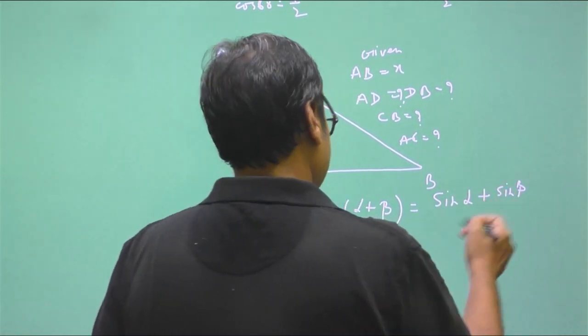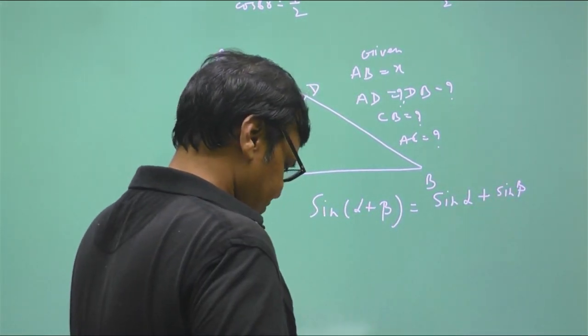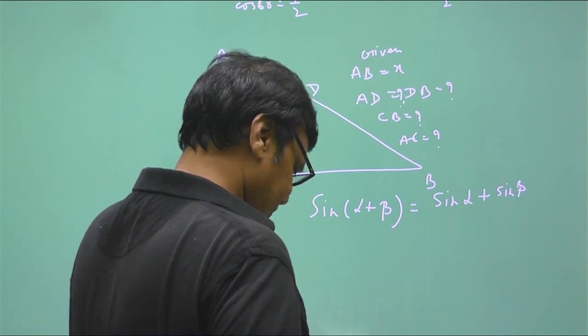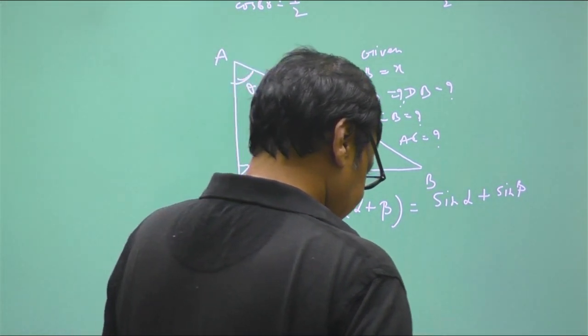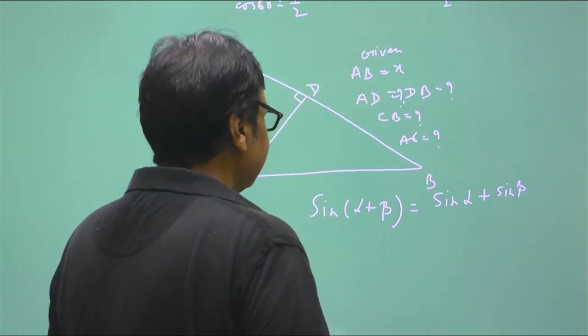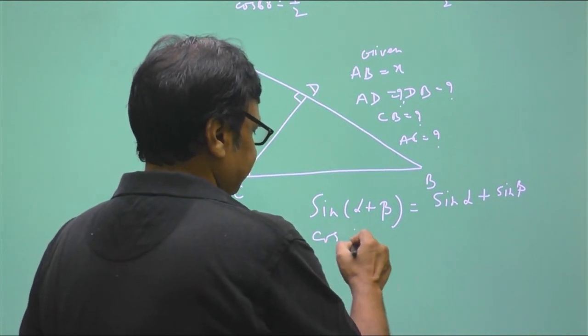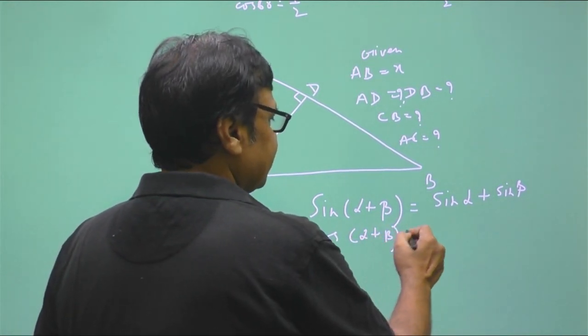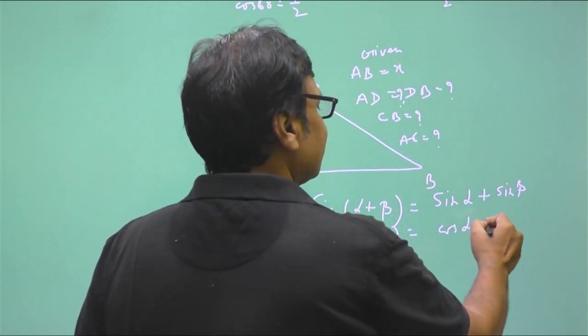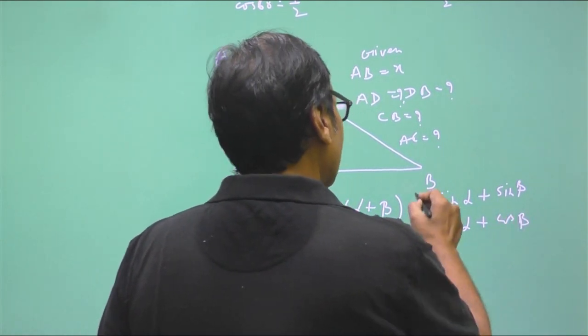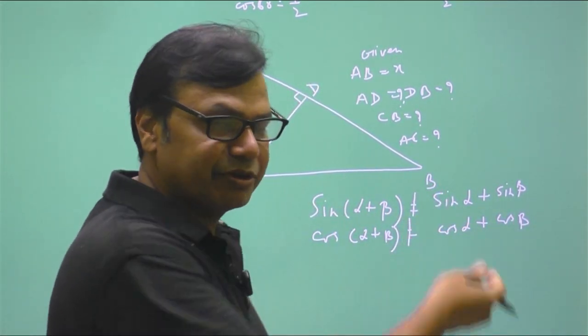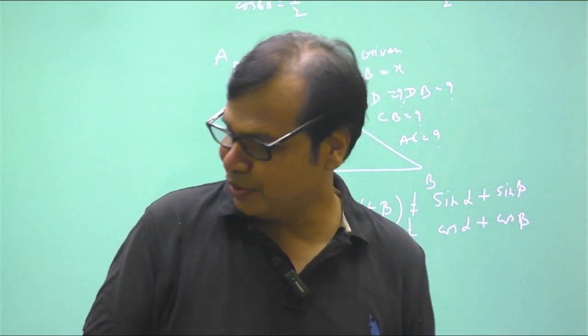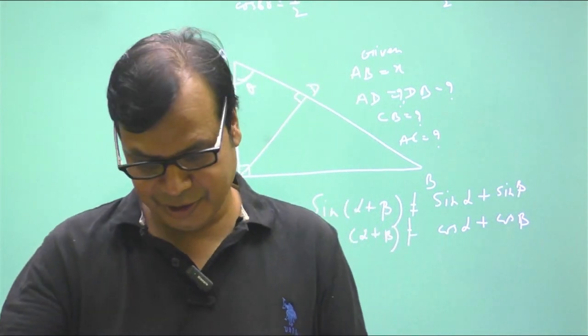Can you prove it? And also they wrote that cos of alpha plus beta is cos alpha plus cos beta. Why not? That is the additive distributive law. Why can't it follow?